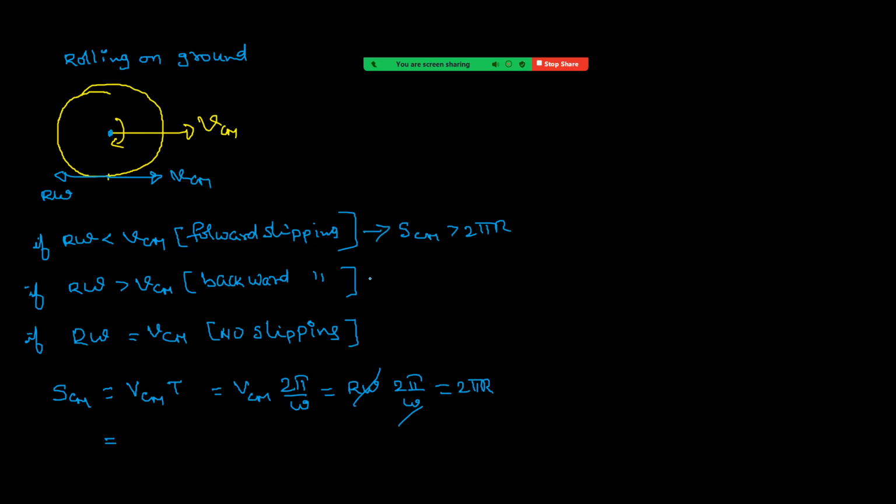That is forward slipping. If you take backward slipping, the distance traveled by center of mass will be less than 2 pi r. So in backward slipping less than 2 pi r, forward slipping greater than 2 pi r, no slipping 2 pi r. Here we have taken velocity of center of mass as constant, meaning ACM equal to 0.